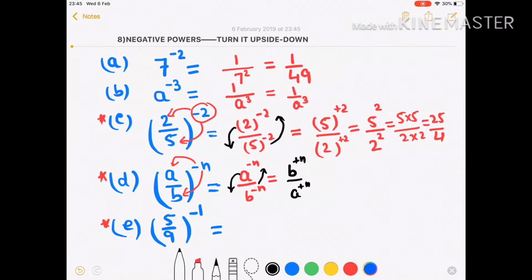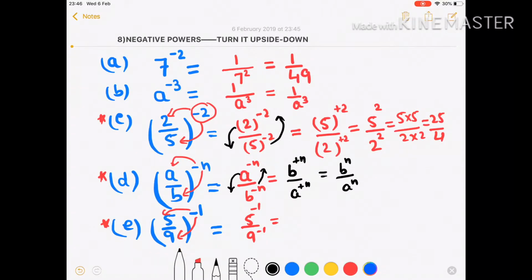So we are making them positive, and then the answer will come b to the power n divided by a to the power n. One of the important questions we have done. Another important question. Next, again brackets are there, so use rule number 7 first. Give that power to everyone inside the brackets. So 5 power minus 1, 9 power minus 1.